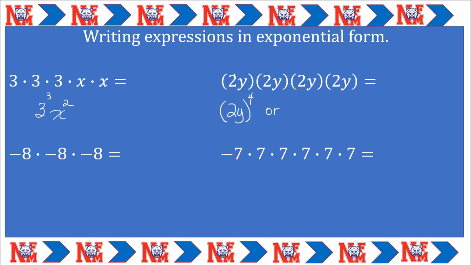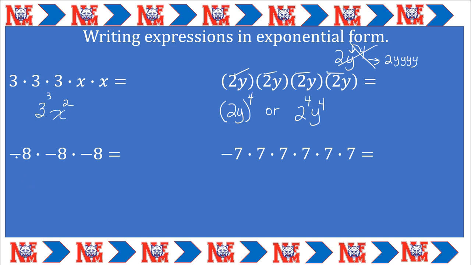Or you could say we have 1, 2, 3, 4 2's being multiplied and 4 y's. So you could separate it. What you cannot do is say 2y to the 4th. This would be 2 and then 4 y's, and we're missing the other 2's. If you write it this way, the exponent is only going to the y, so that is not the right answer.